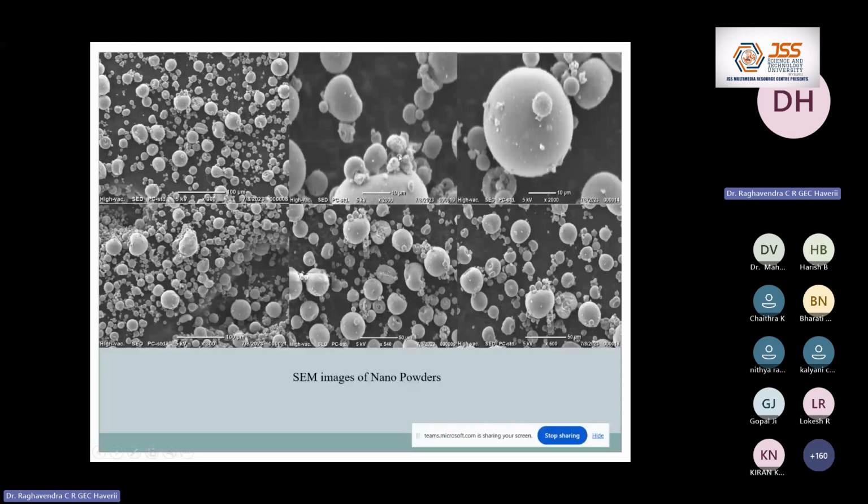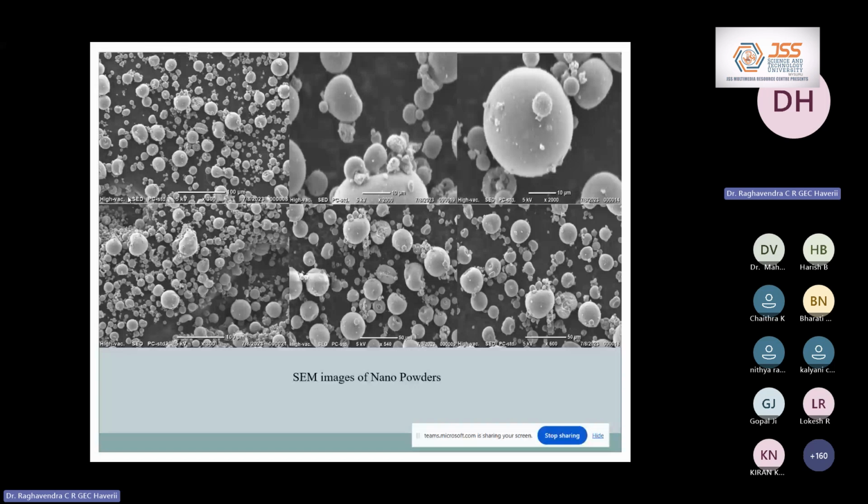So it has to be unique, and distributed homogeneously, something like this. This is before coating I'm talking about. This is the blended powder or the nanoparticles taken on the SEM, scanning electron microscopic images. This is before coating. We will check it out.